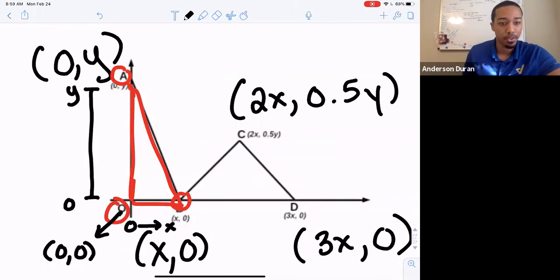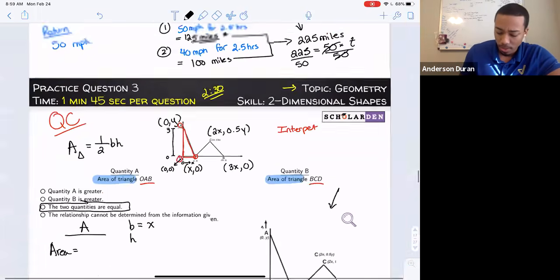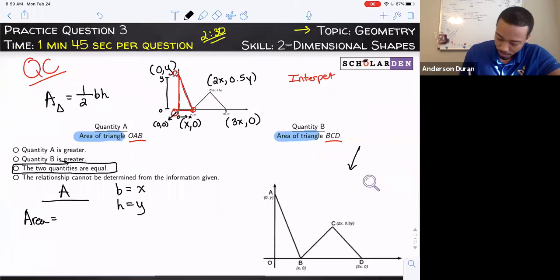So that's why I am referencing 0 a lot. Now, if we're going from 0 to Y, the height would just be Y. So the area for this first triangle, OAB, is 1/2 of X times Y.